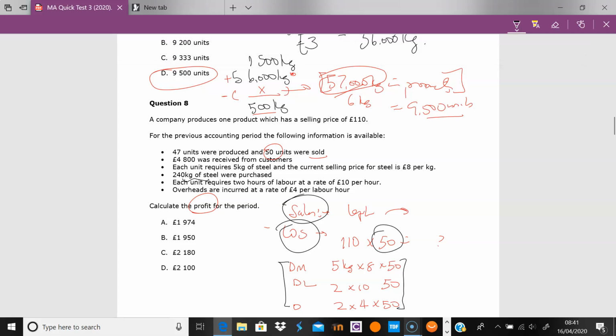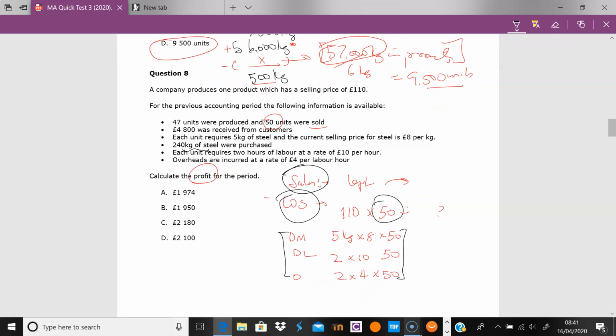If we now plug all this in, I could probably do this one in my head. This is 20. This looks like 1,000. This looks like 2,000. That's 40, 40 there, and 5. So that's 2. Here, 8. 400 here.